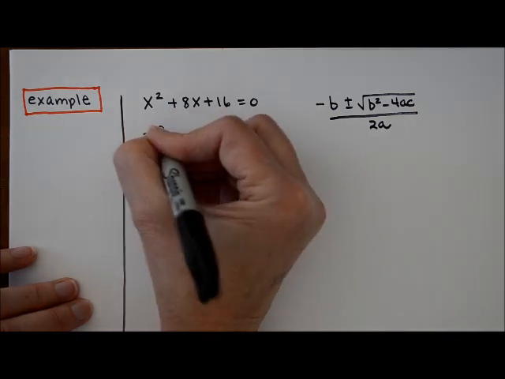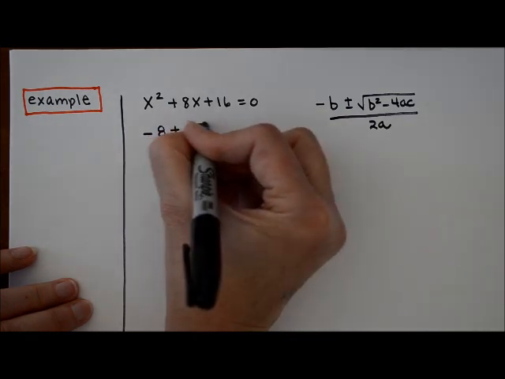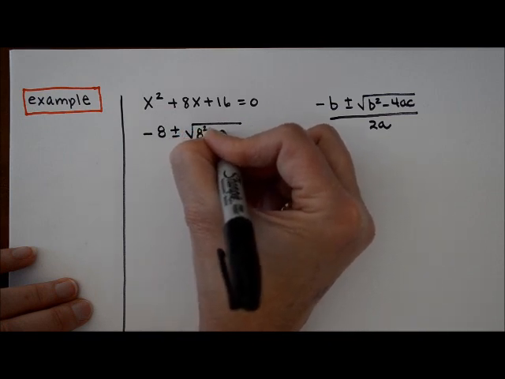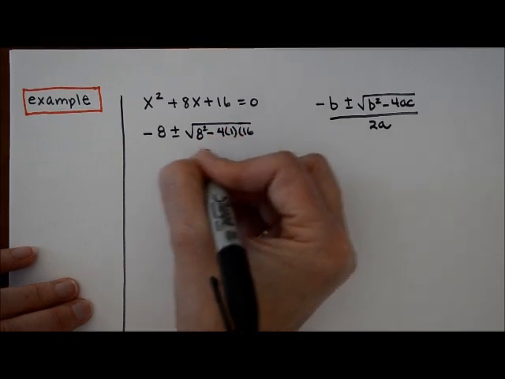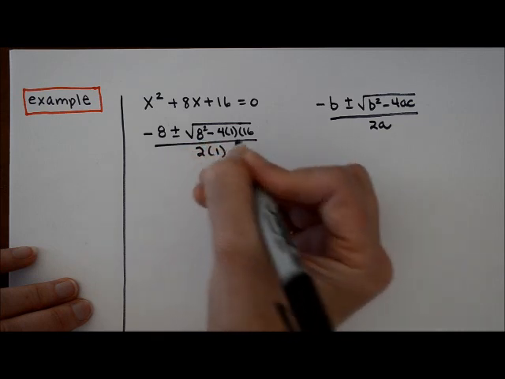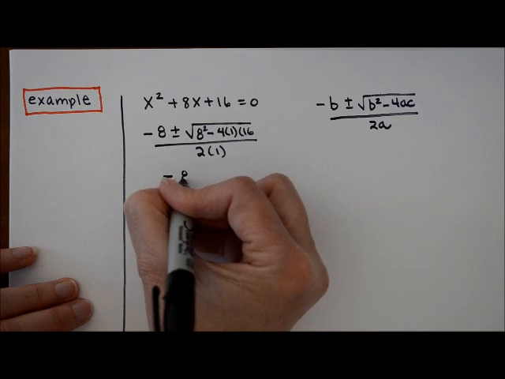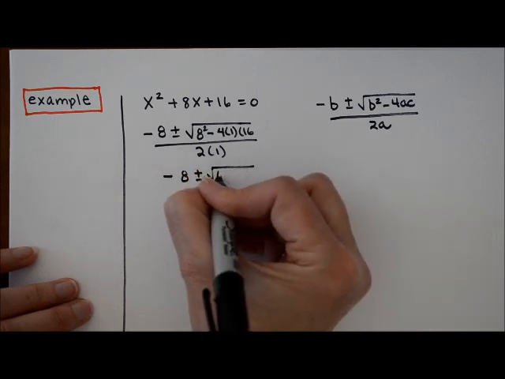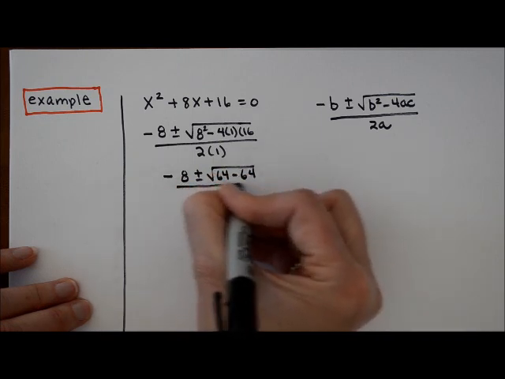This time the 8's positive, so the opposite of a positive 8 is negative 8, plus or minus the square root of 8 squared minus 4 times 1 times 16, all over 2 times 1. And then what I'm going to end up with is negative 8 plus or minus the square root of 64 minus 64, all over 2.